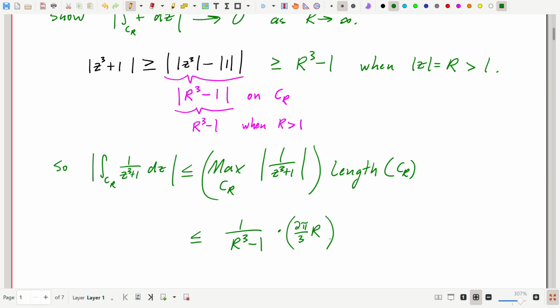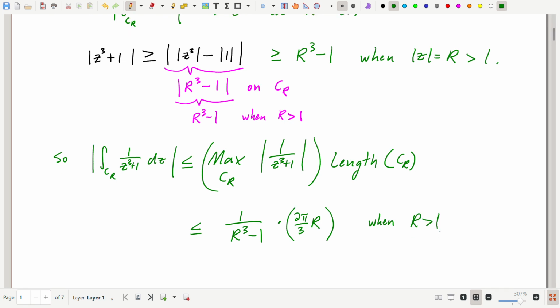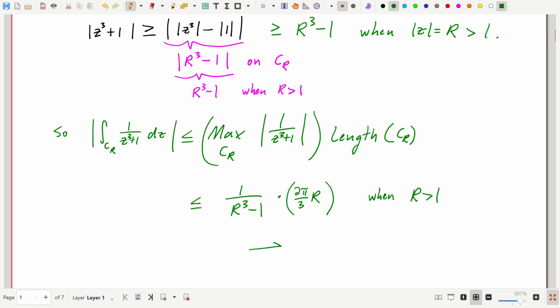So you could use the roughest estimate you want there. And that's true when r is bigger than 1, if you want to be picky. And that goes to 0 as r goes to infinity. So that's the careful way to do that, and an important skill.